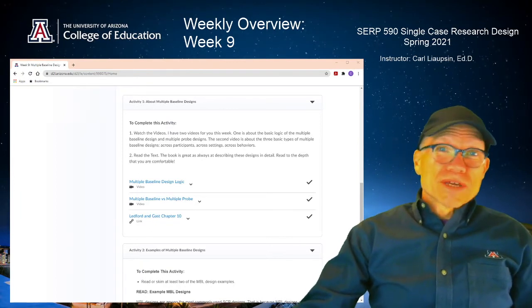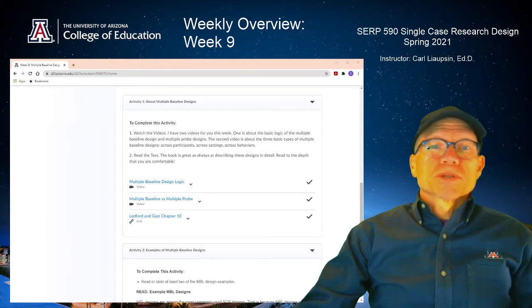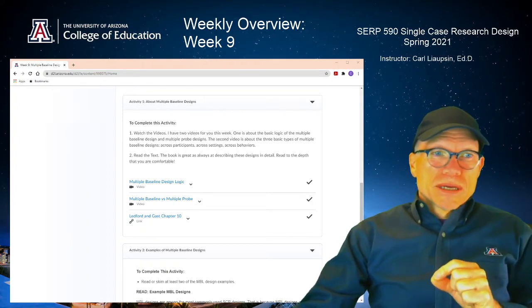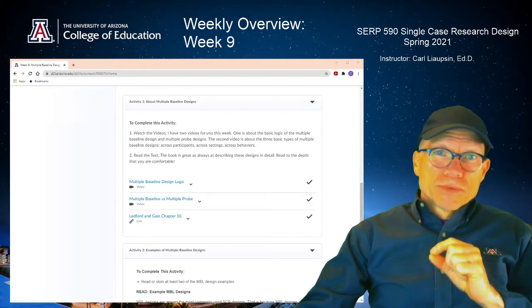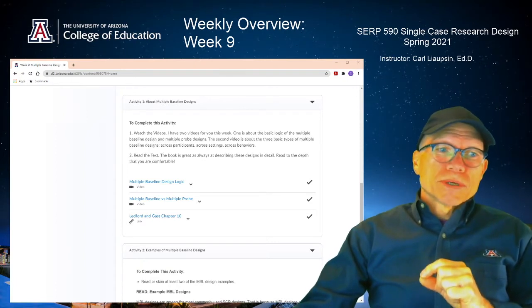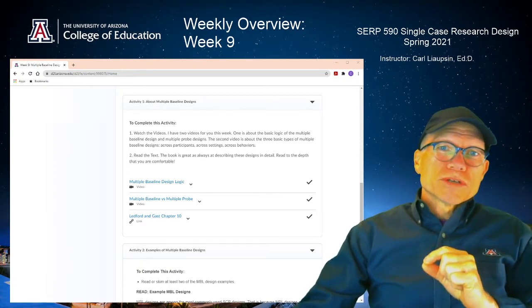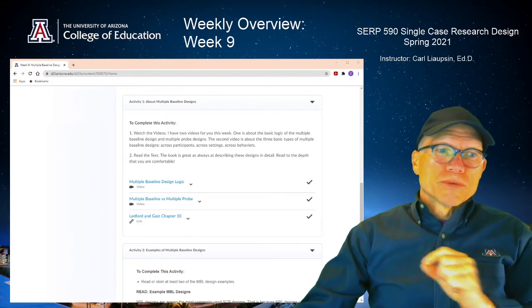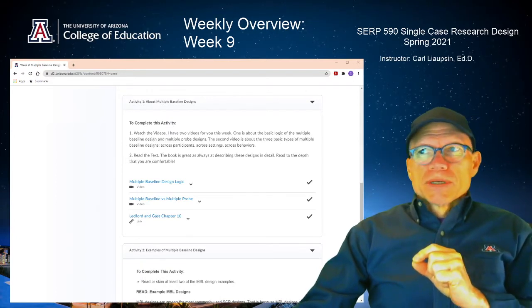The second video is about multiple baseline versus multiple probe designs. And you really want to understand the difference in those because moving to the probe version of a multiple baseline can make a real difference.